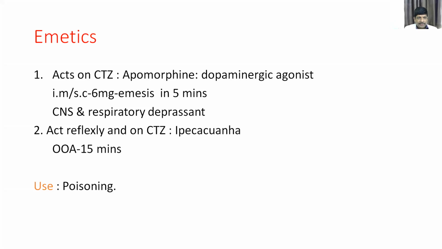See, in GIT we have peptic ulcer diseases, laxatives and purgatives, and emetics and antiemetics. Then in blood we have coagulants, anticoagulants, and the hematinics chapters. So these are the important chapters.